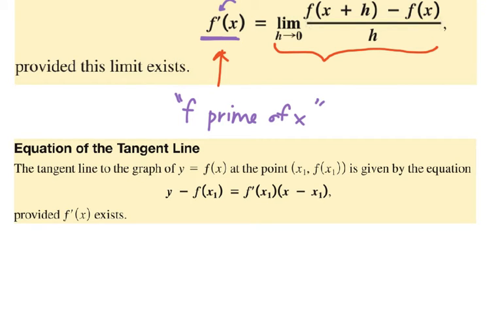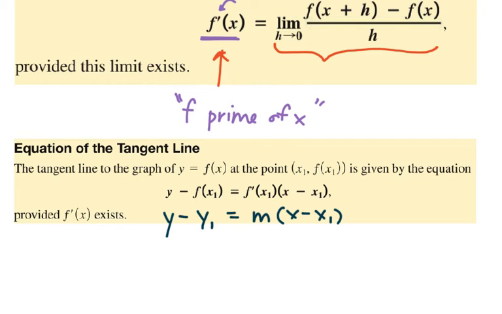So thinking about what we have, y minus some y sub 1 value equals m, keeping in mind our derivative at the point represents the slope, times x minus x sub 1. So this is just algebra. This is the exact same as our point slope equation that we learned in our algebra class. And this is just the way we can write the equation of the line.